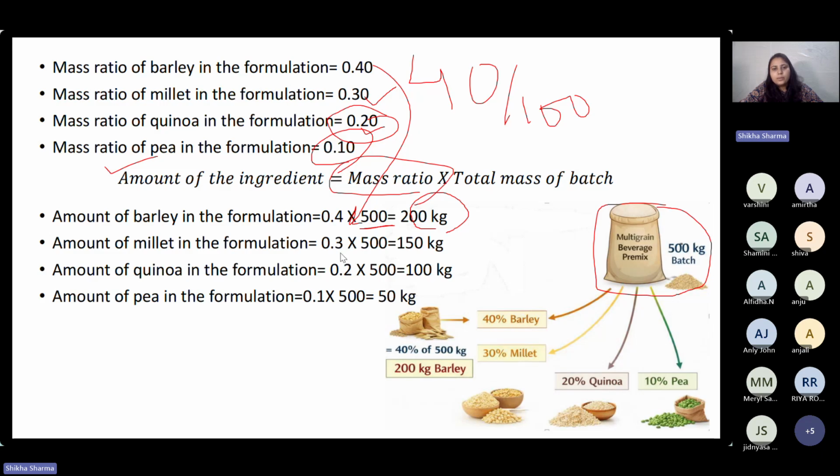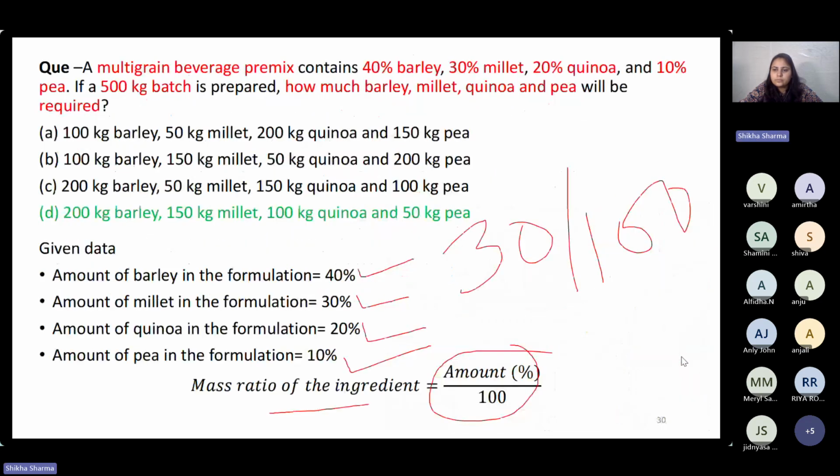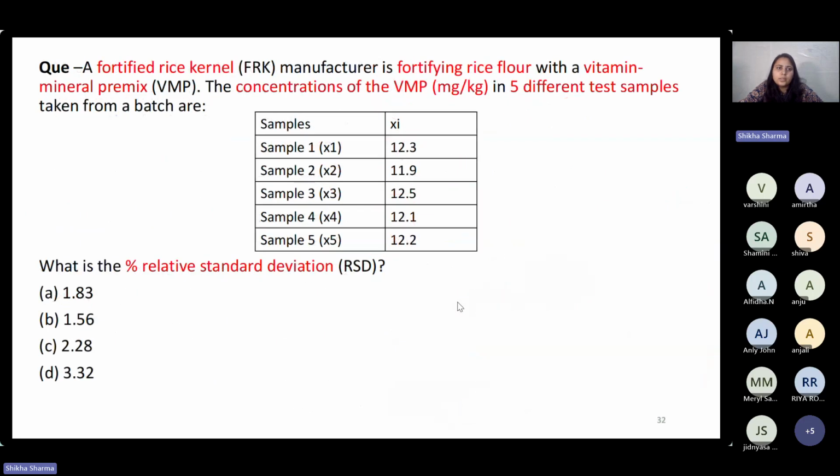Then millet is 0.3 into 500, which is 150 kg. The amount of quinoa is 0.2 into 500, which is 100 kg. And for pea, it is 0.1 into 500, which is 50 kg. So the answer is D here. I hope this question is clear to all. Let's move to the next question.